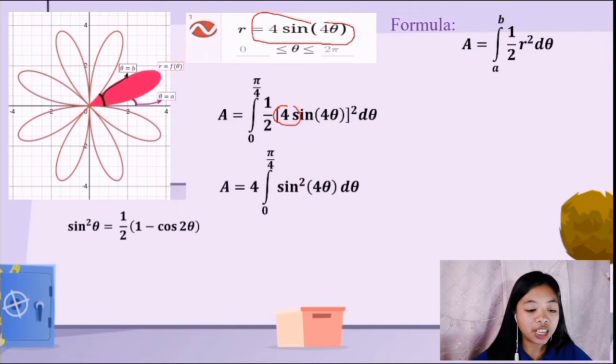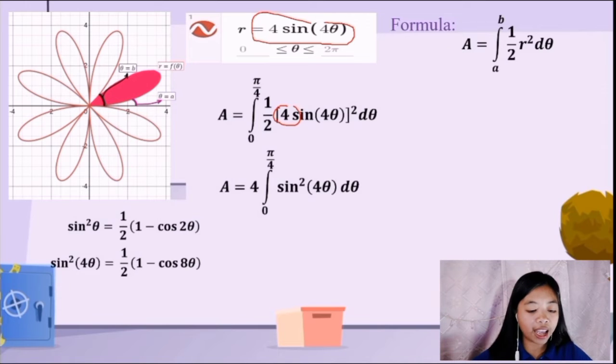So if we have sine squared 4 theta, what we are going to do here is only double the angle, so the 4 will become 8, and the result is sine squared 4 theta equals 1/2 times 1 minus cosine 8 theta.